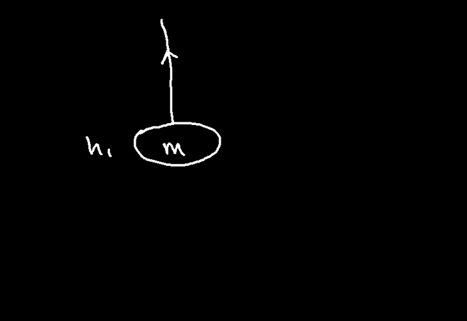Let's say we have an object of mass m, and the object is being moved upwards. Let's say this is its initial position, or call it the position h1, and this is somewhere up, position 2.